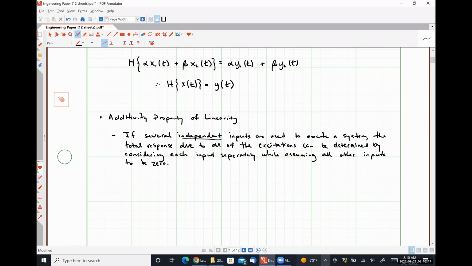So let's talk about how this can apply to a circuit.